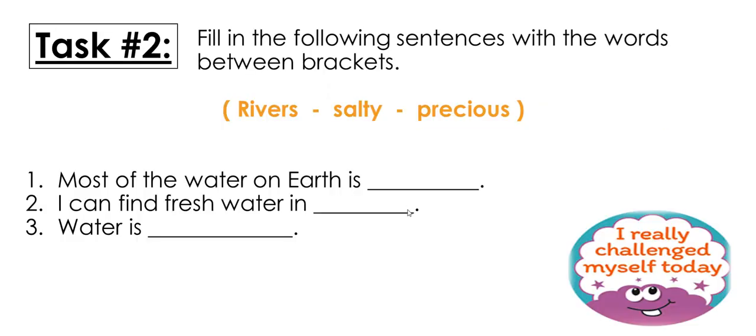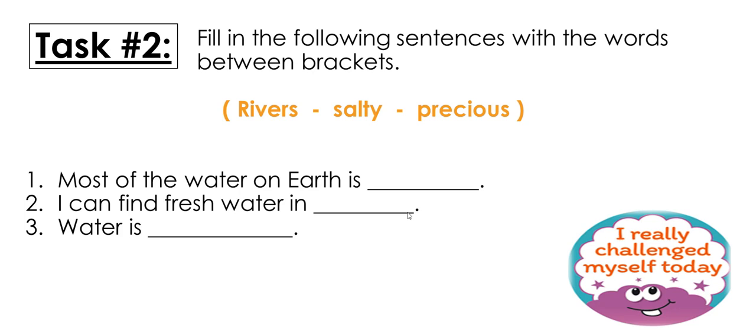For task number 2, fill in the following sentences with the words between brackets. We have three words: rivers, salty, and precious. Number 1 says, most of the water on earth is, remember our previous lesson to answer this question. I can find fresh water in, where can we find fresh water?